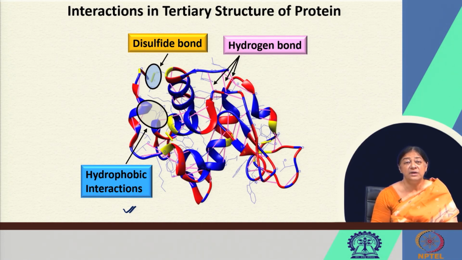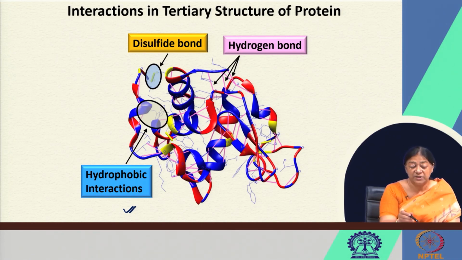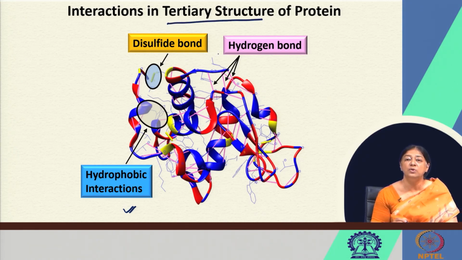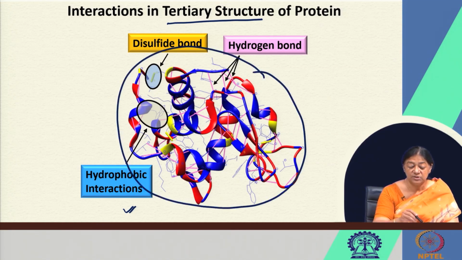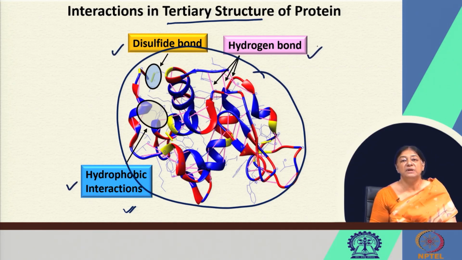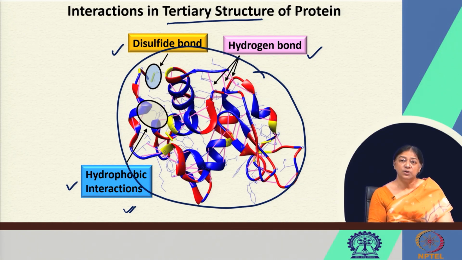And another important aspect of the interactions: we are looking at now a monomeric unit. So, if I look at this monomeric unit and I say these are the interactions that hold the polypeptide chain together or form the folded structure, are these the same interactions that are going to hold the monomeric units together?